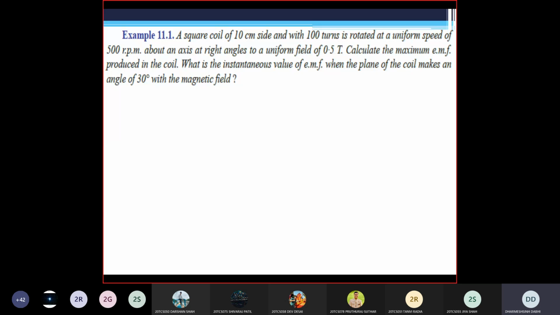Clear? So how many rounds does it rotate in 1 second? If this coil rotates 500 rounds in 1 minute, how many rounds does it rotate in 1 second? 500 divided by 60, yes or no? So this 500 divided by 60 is your frequency, the number of rounds completed in 1 second.